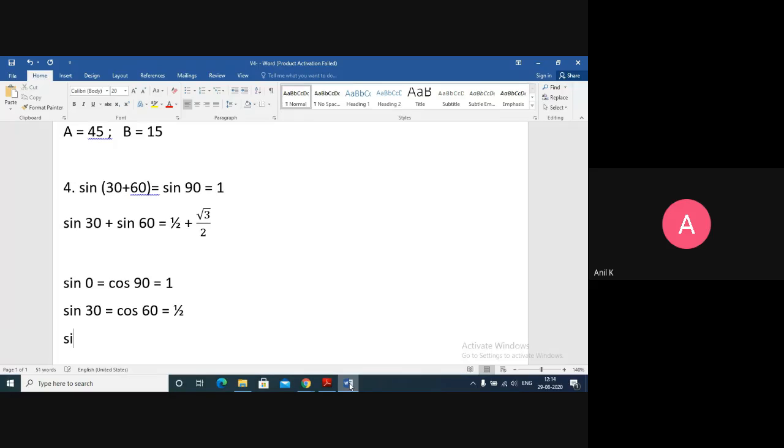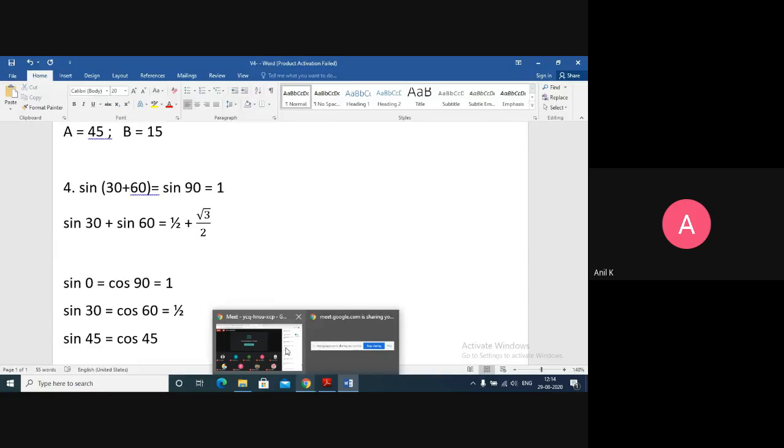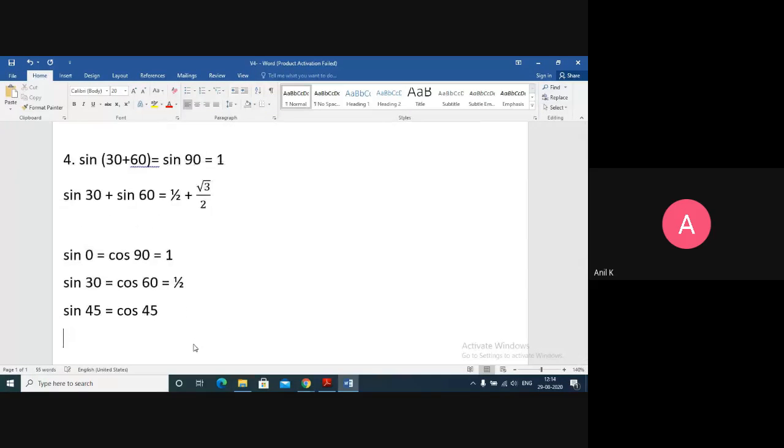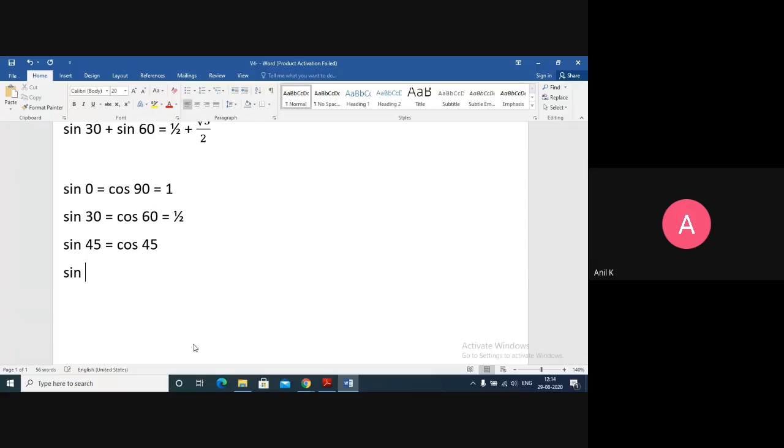Next, sine 45 will be the same as cos 45. Do you agree? Yes. Next, sine 60 will be the same as cos 30. And finally, sine 90 is also the same as cos 0 degrees, which will be 1 only. No, sine 0 is 0. It's not 1. This is 0.